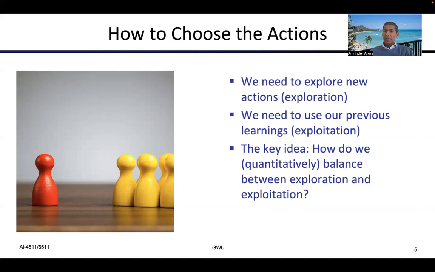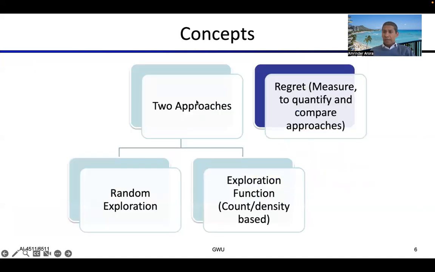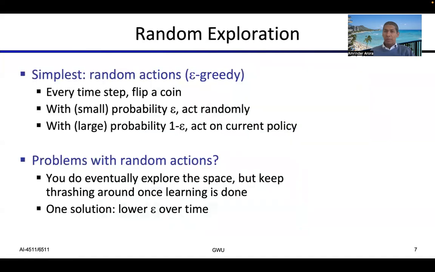So the key idea is how we quantitatively balance between exploration and exploitation. There are two different approaches. One approach is called random exploration, and the other one is called exploration function. There are many others, but at least two approaches that we will talk about today. And then we'll also talk about how we actually quantify and compare these approaches.